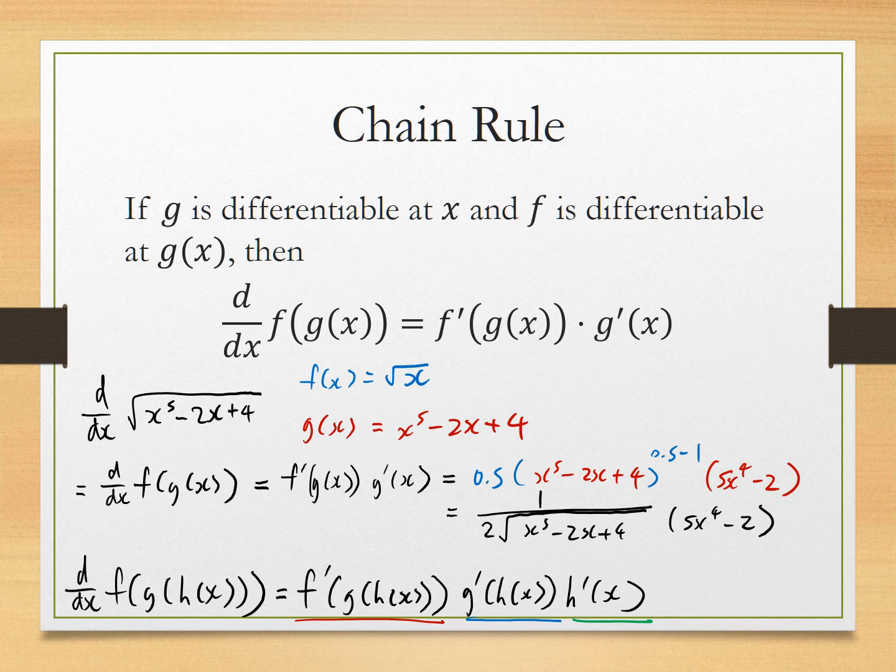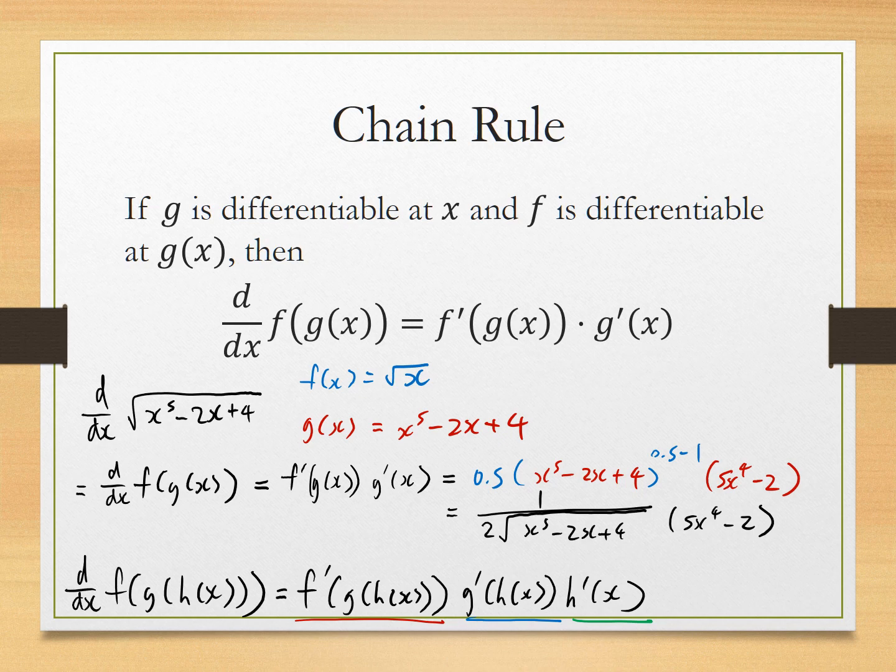Do you need to consciously think about when to use the chain rule? You don't really need to. Once you see a function where there's no rule directly for that function, then you have to use the chain rule, right? There is no rule for root of x cubed minus 2x plus 4.